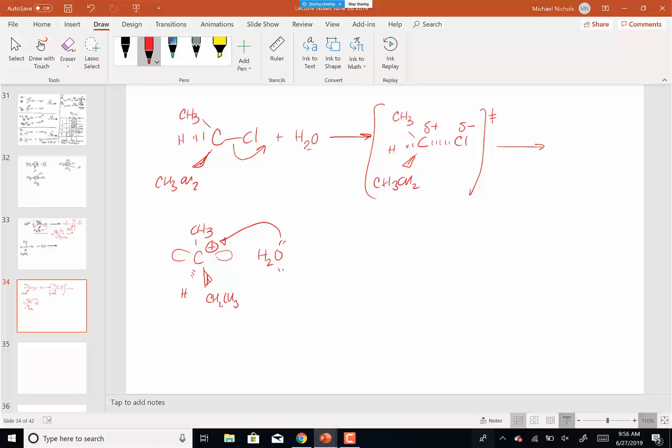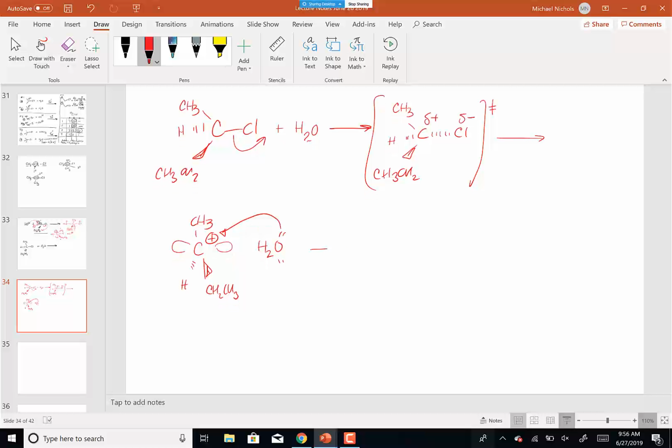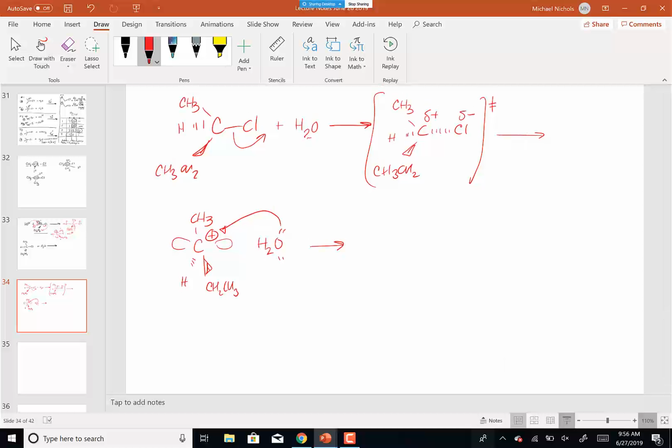So in the transition state then, what am I going to have? I'm going to have my carbon, my CH3, probably straight up and down. I'm going to have my hydrogen. I'm going to have my ethyl group.